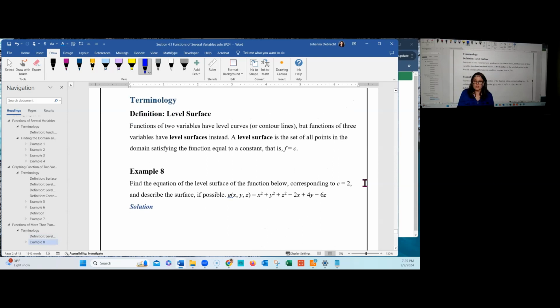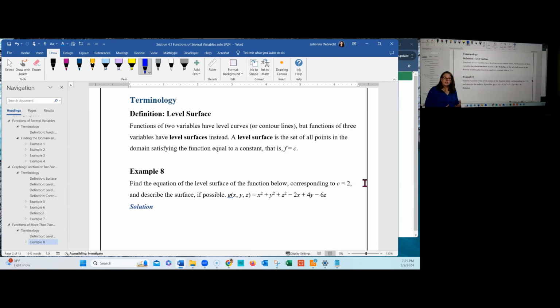When we have a function of three independent variables, then we cannot draw a level curve because it's not a curve. What's coming out of the domain are ordered triples, three-dimensional shapes. So instead of a level curve in 2 dimensions, we have a level surface in 3.